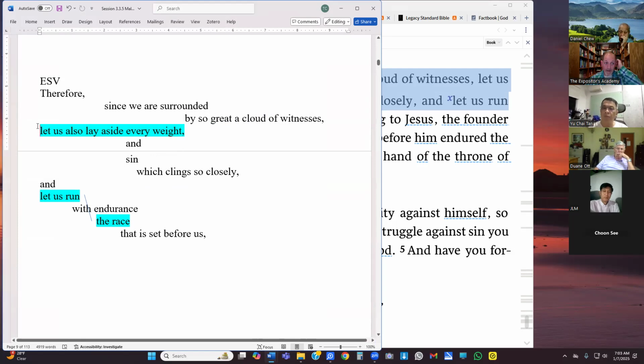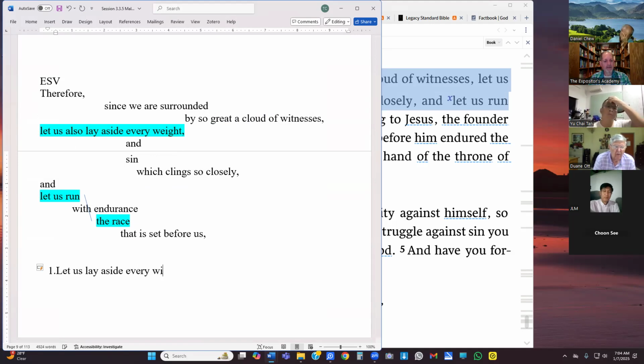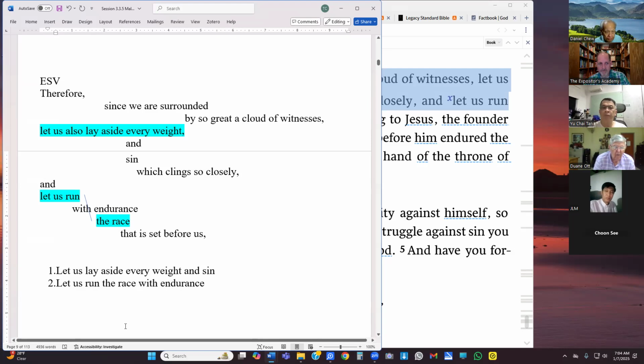So if we were outlining this for a sermon, we'd have two points, right? The first one: let us lay aside every weight and sin. And then the second would be, let us run with endurance, run the race with endurance. Okay? So we'd have two points here. You follow me? Any questions?